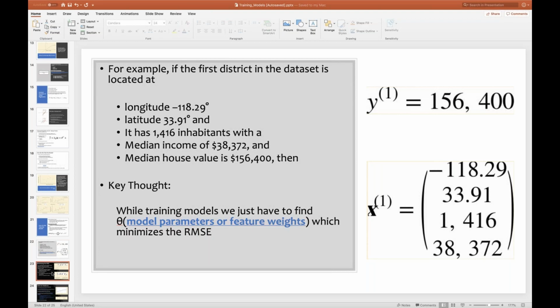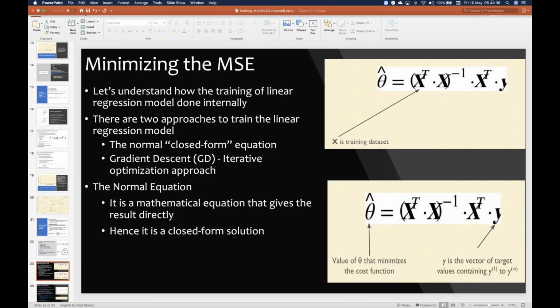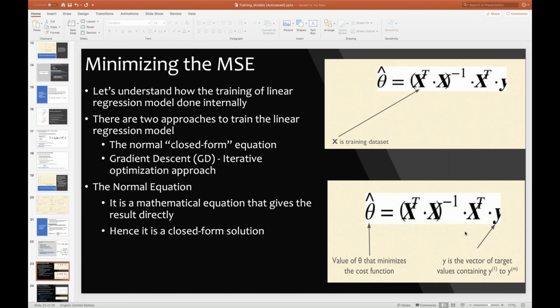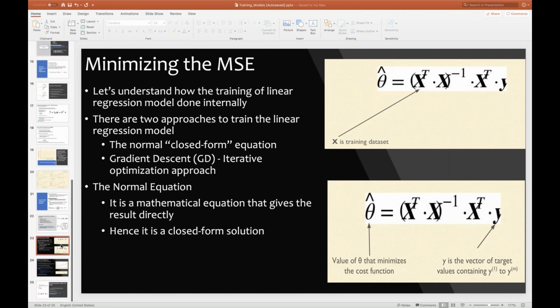Now, minimizing the MSE. Again, let's focus carefully, guys. This is a very important slide because if you understand this slide, we are almost done with the MSE part of it. Understand carefully. Now, let's understand how training a linear regression model is done internally.